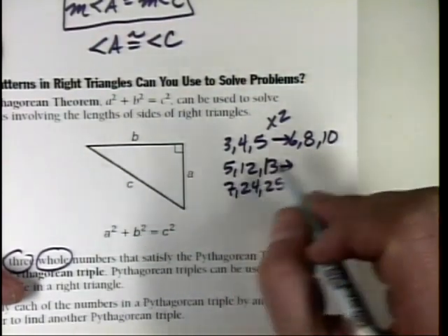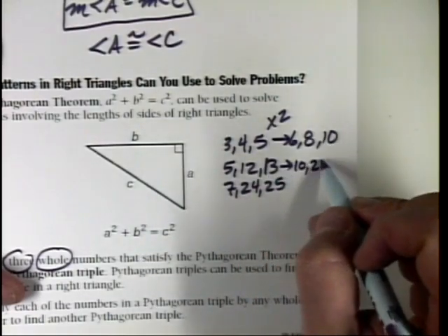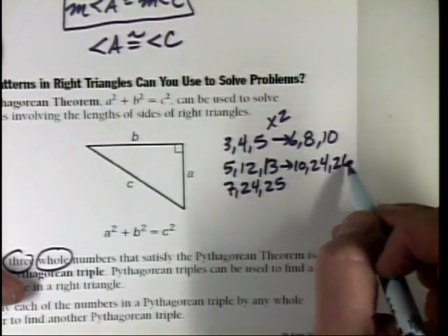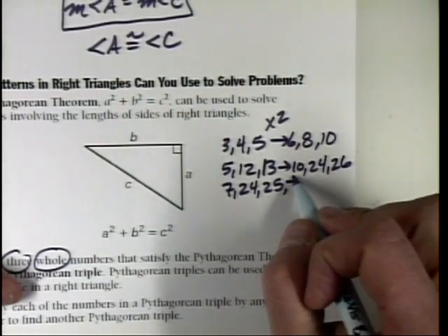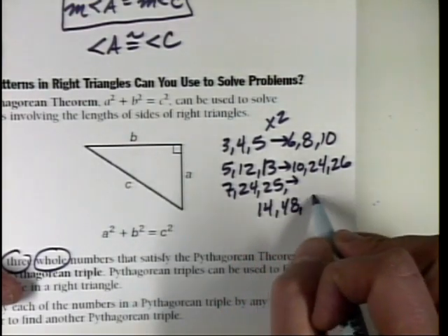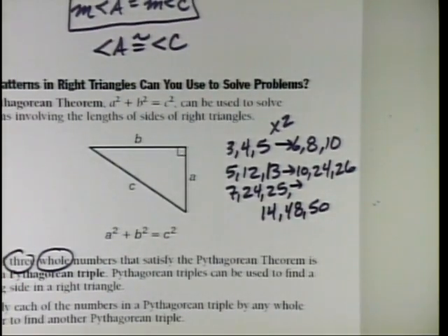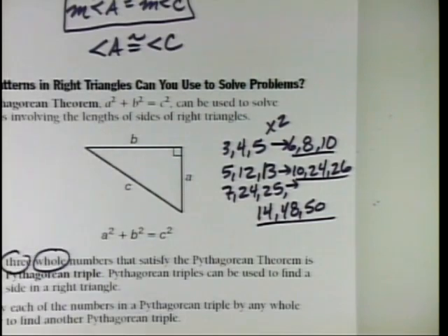If I proceed all the way through with the next one, 5 times 2 is 10, 12 times 2 is 24, 13 times 2 is 26. That's another Pythagorean triple. And I can do the same thing down here on the bottom. Multiplying everything through by 2, I get 14, 48, 50. And multiplying by 2 is just arbitrary. I can multiply by any other whole number to create a new Pythagorean triple. So quite expandable.